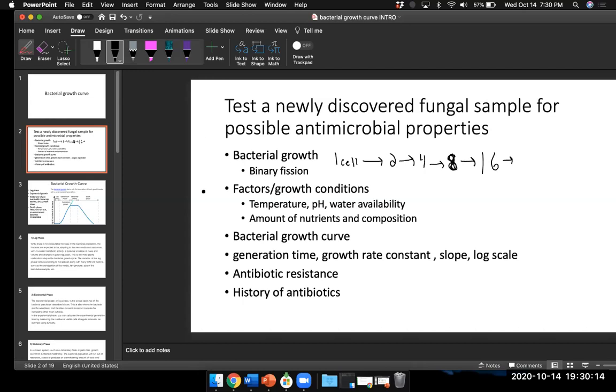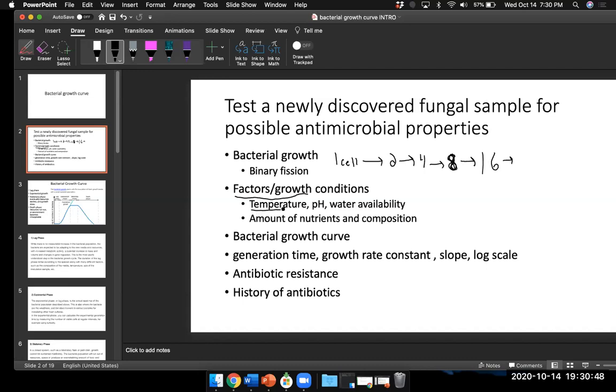All right, moving on. So in this lab, you're dealing with broths, growth media, and you want to make growth curves to see how quickly do they grow, and what are the phases of growth for that sample. And so some factors of bacterial growth, which I'm sure you're familiar with from lecture, but let's review.